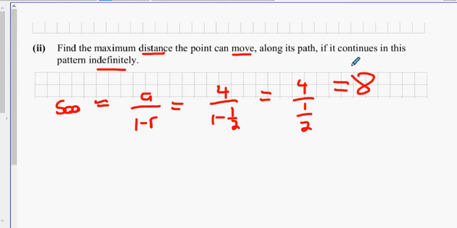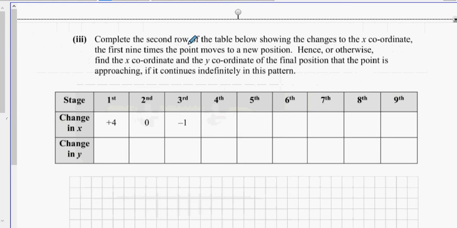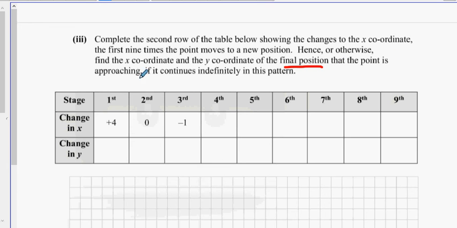Now we're going to move on. Okay. Next part. Complete the second row of the table below showing the changes in the x coordinates and the y coordinates for the first 9 times the point moves to a new position. Hence, or otherwise, find the x coordinate and y coordinate of the final position the point is approaching if it continues indefinitely.